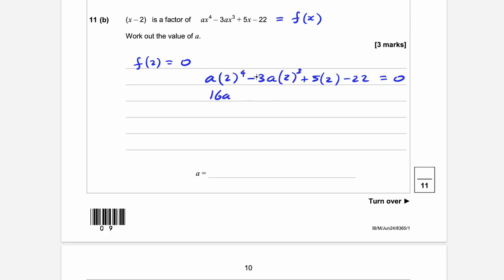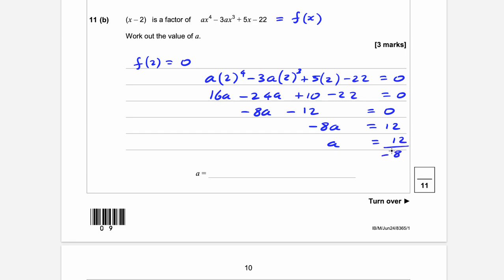This is 8 times 3 is 24, so minus 24a plus 10 minus 22 equals 0. And we just have to get a. 16 minus 24 is minus 8, so minus 8a minus 12 equals 0. Minus 8a equals 12, and a is 12 over negative 8, which simplifies to negative 3 over 2.